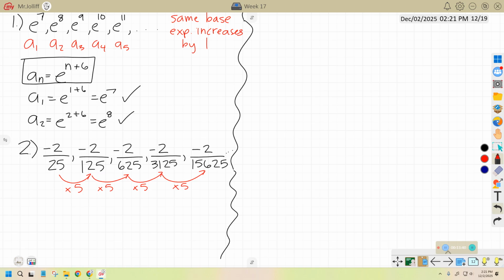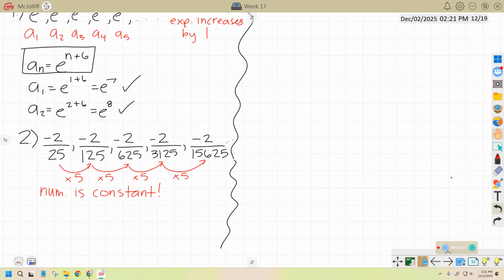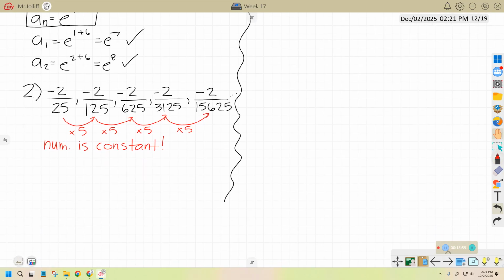What do we notice about the numerator? Constant. Yeah, numerator is constant. So let's use those 2 facts to guess at a formula. It doesn't have to be perfect. We're going to take a guess at a formula, tweak it, get it to match.